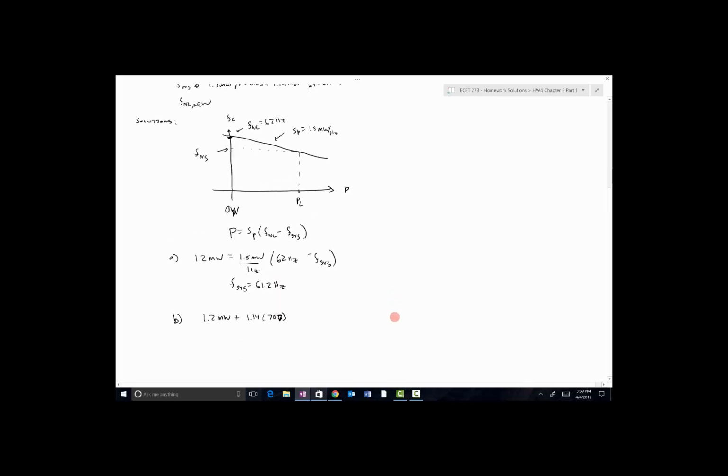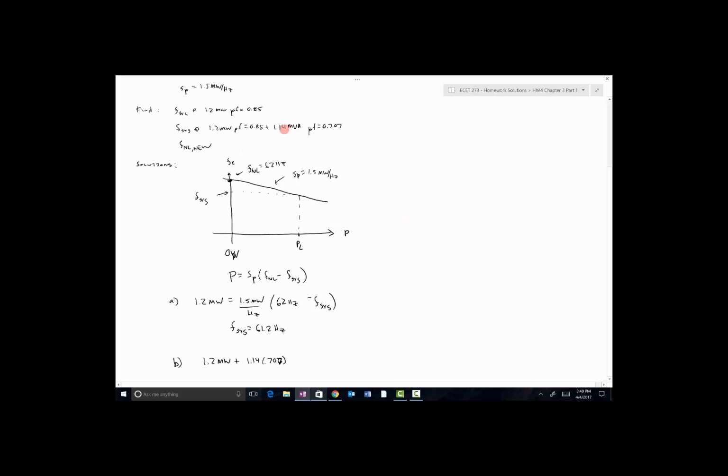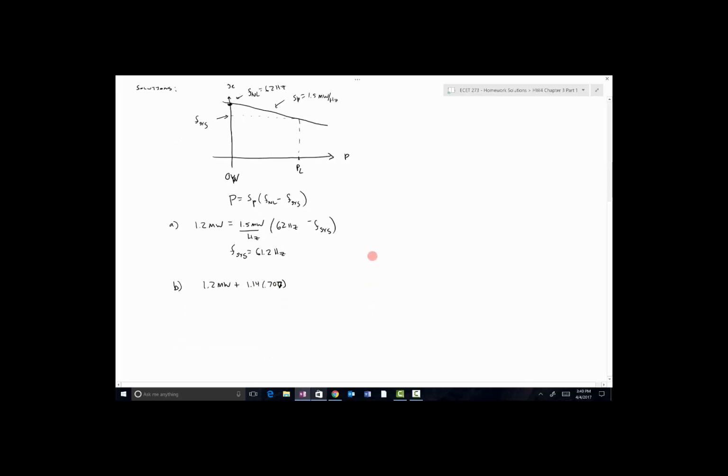The load information for load 2 was given in apparent power and a power factor, so I have to convert that over to real power, which I've done right there. And that's going to be equal to 1.5 megawatts per hertz times 62 minus F_sys. It's the same calculation, it's just that the total load power has changed. So the system frequency is going to decrease to 60.66 hertz. The addition of that load caused the frequency to go from 61.2 to 60.66.